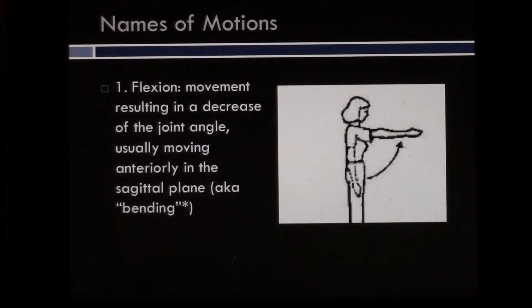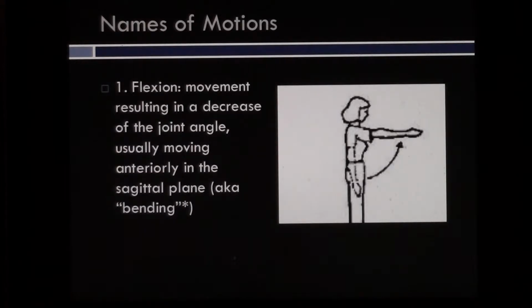If you imagine back to the picture with the guy in the 3 different planes, that's anatomy position. That's basically what we consider the starting point for movements. So if there's a decrease of the joint angle, that assumes that anatomy guy has all of his joints at 180 degrees, and that's the starting point.